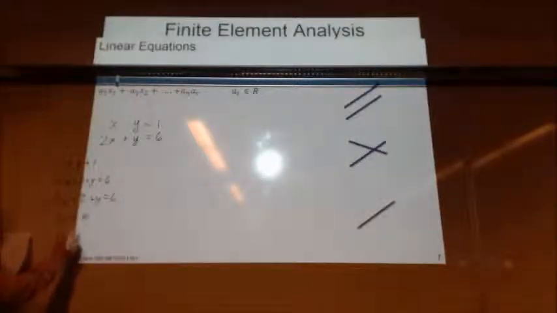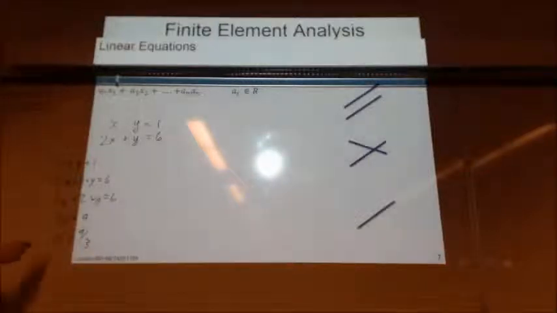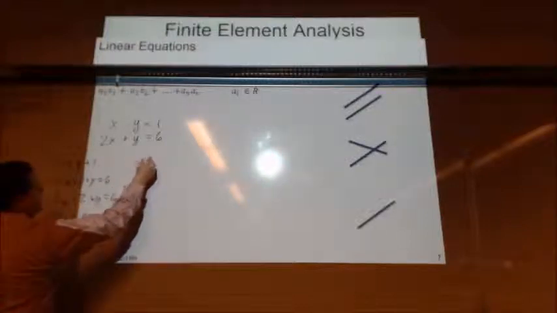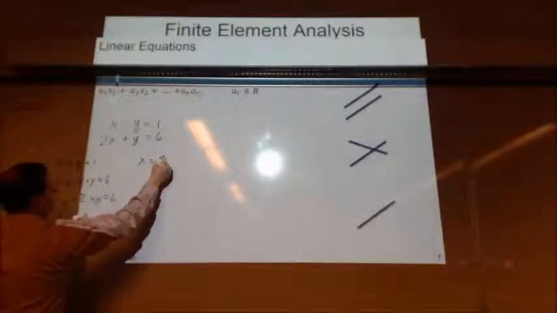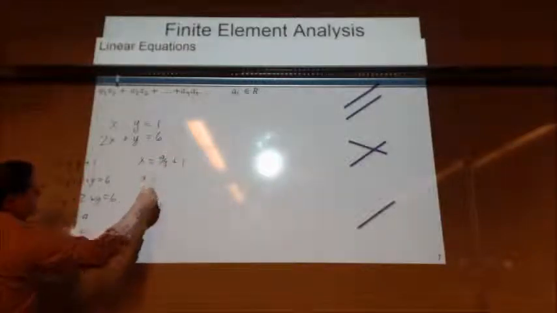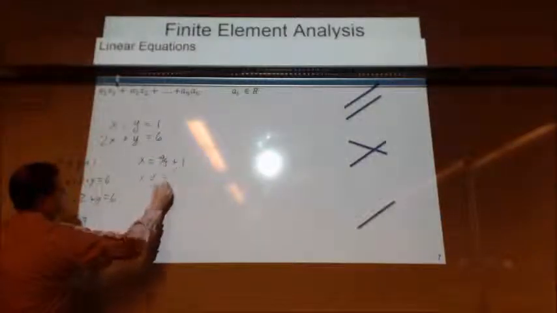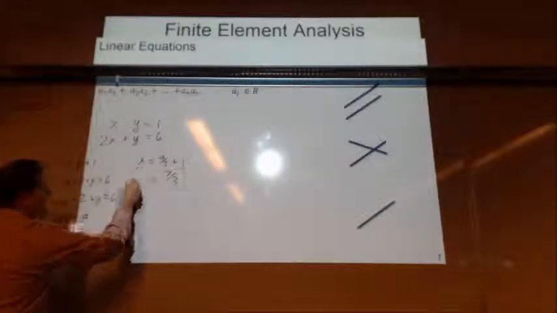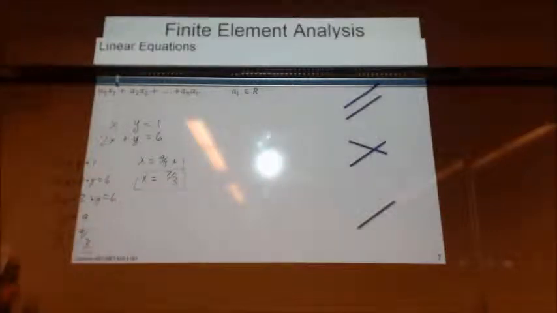So y is going to equal 4/3, right? Then we can plug that back into x equals y plus 1, so x equals 4/3 plus 1. So x is going to equal 7/3. So that's one way to do it.